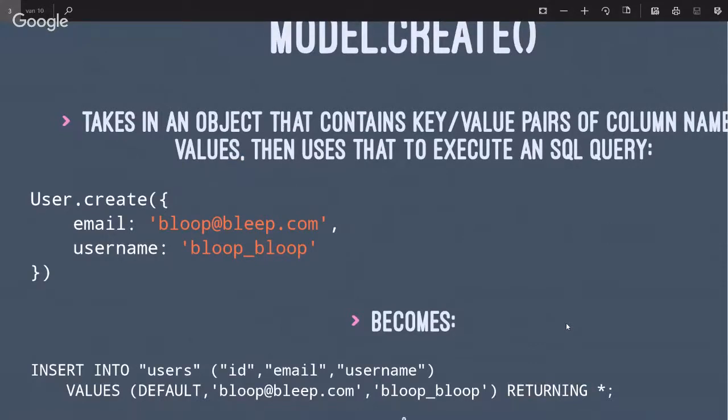So that's user.create, and it specifies what kind of data you want to put in the table. So we're creating an entry in a row. What is the table? User? Yeah. Right. So in an SQL query, this would look like insert into users, and then the names of the columns, it would be email, username, and then you would specify values, bloop@bleep.com, bloop bloop.